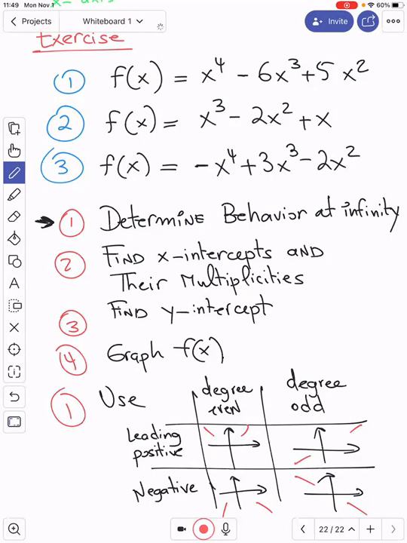Rational functions are quotients of polynomials, so you're going to have fractions. There are more steps than graphing just polynomial functions. But for polynomial functions, with the behavior at infinity, you are good to go. You can graph your function.